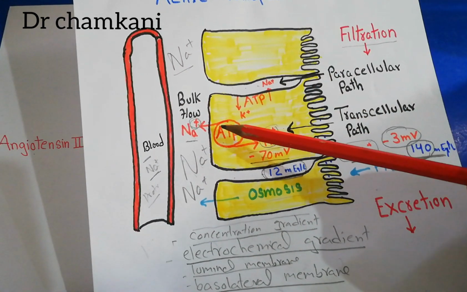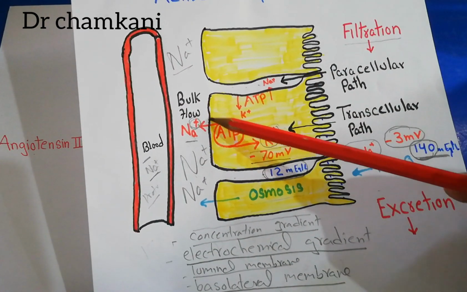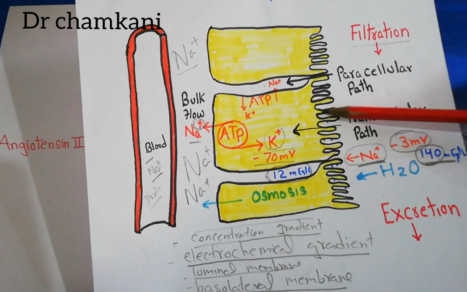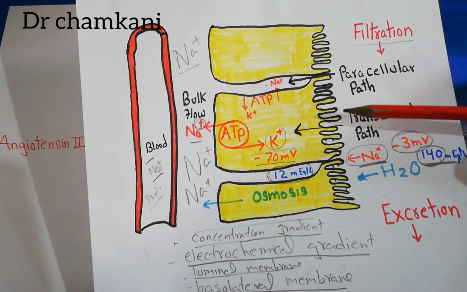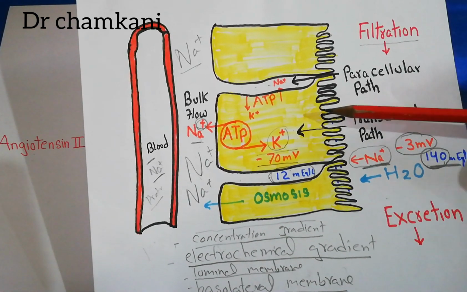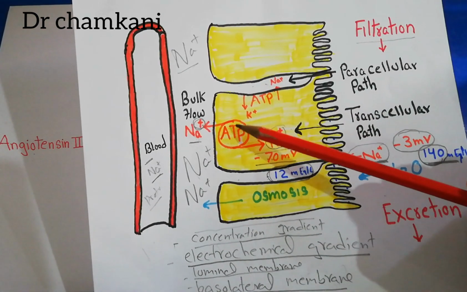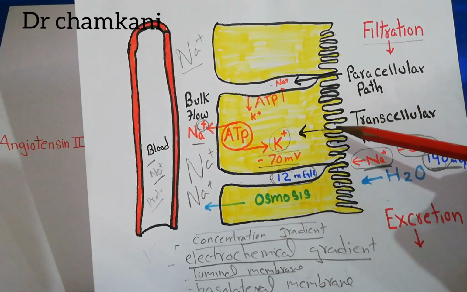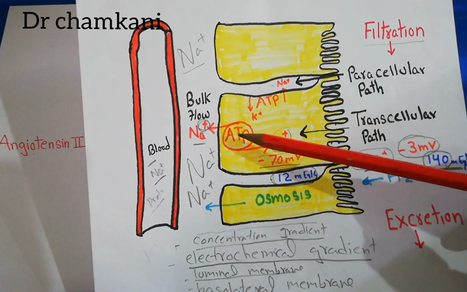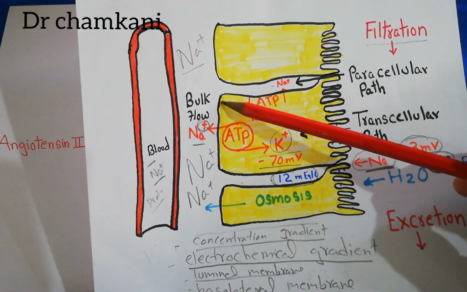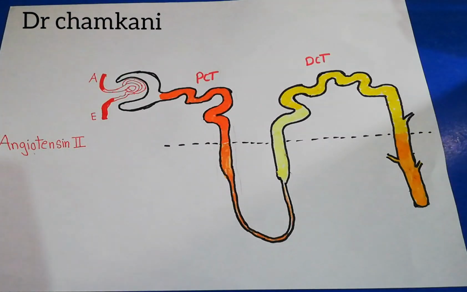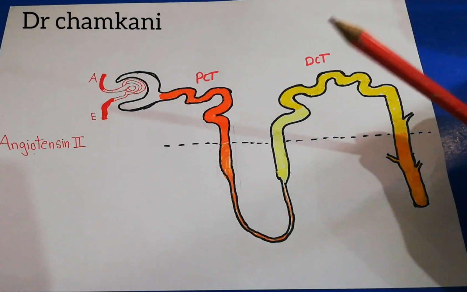So angiotensin 2 directly stimulates the sodium potassium pump in the basolateral area, and it also stimulates the sodium hydrogen pump, which pulls sodium into the cells, and then the other pump throws the sodium out of the cell. So by activating the sodium hydrogen pump in the luminal membrane, and the sodium potassium pump in the basolateral membrane, angiotensin 2 again helps in the reabsorption of sodium.